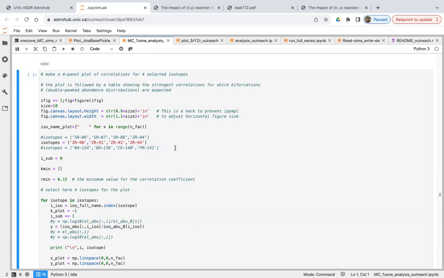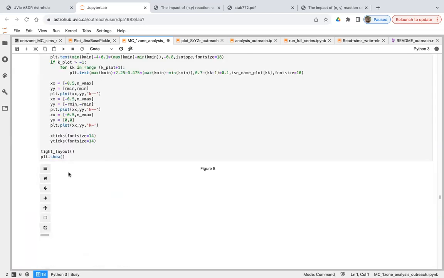And it has already been found that in some grains there are isotopic signatures of the i process. So therefore it makes sense also to do analysis of isotopic abundance ratios. And this cell does this analysis, as an example for zirconium isotopes.